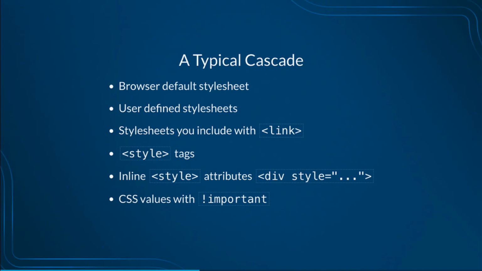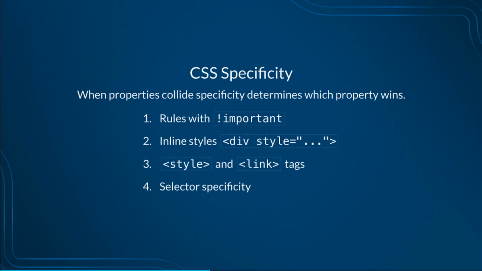It's going to have styles that you define inside of a style block. You might apply CSS styles with a style attribute on an HTML element. And then finally, there's CSS that you've flagged as, this is really important, guys. You shouldn't ever override this.